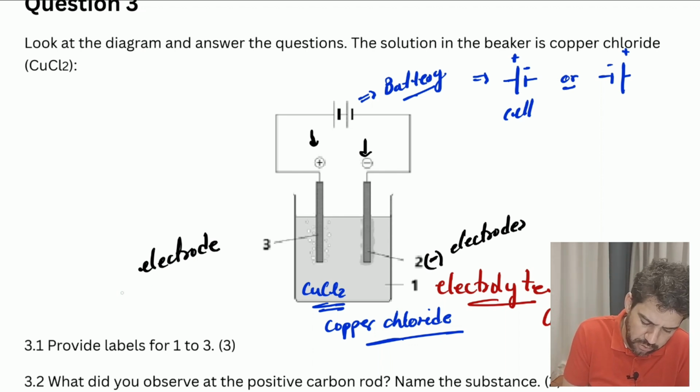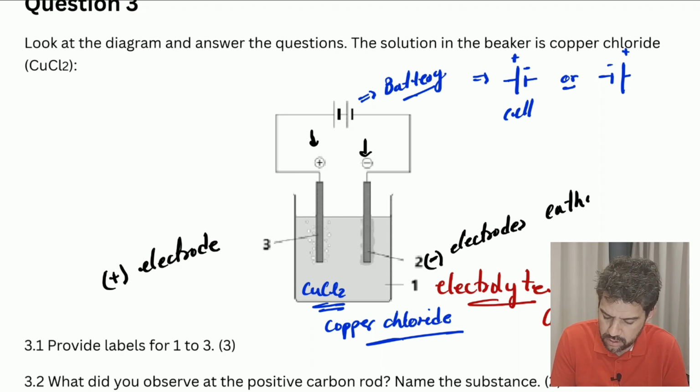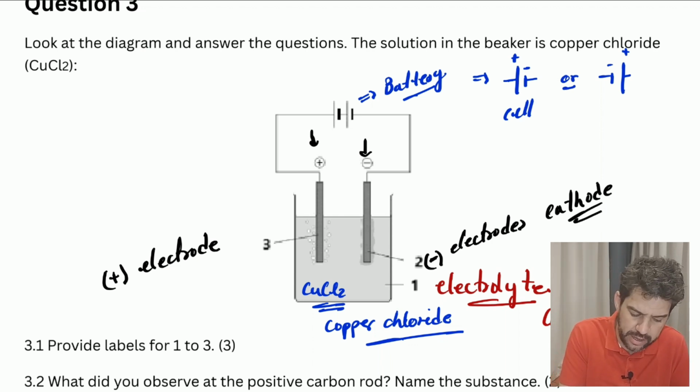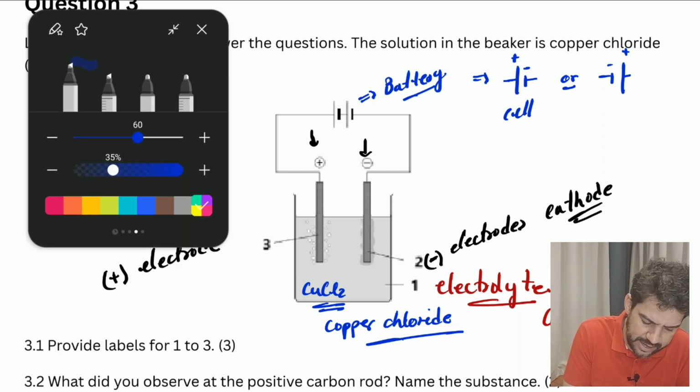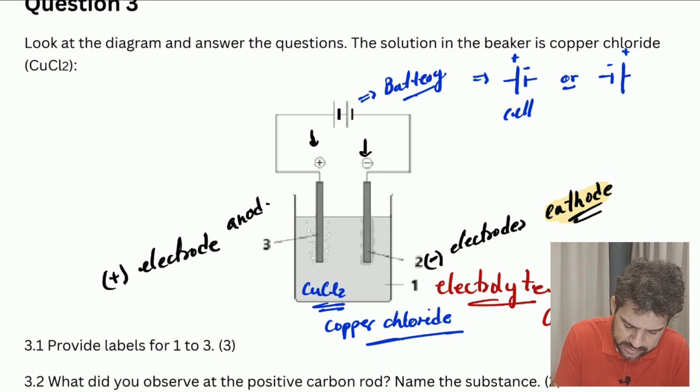It's called the positive electrode. Now, the negative electrode is actually called the cathode. This one is for further reference. I'll just highlight that one. Cathode. And the positive electrode is called the anode. That is the name of the electrodes.